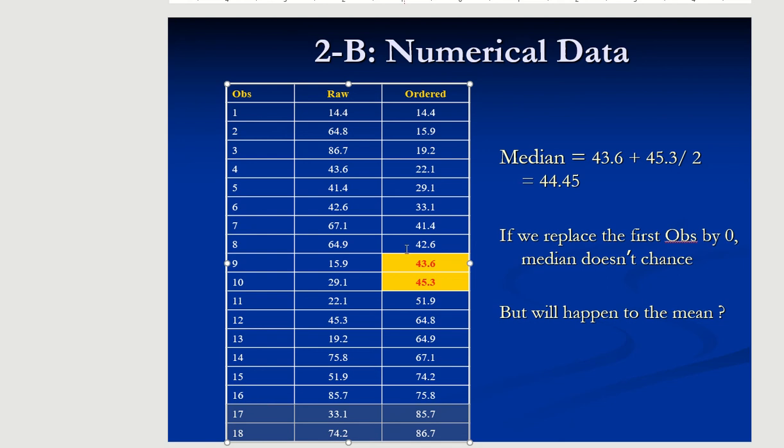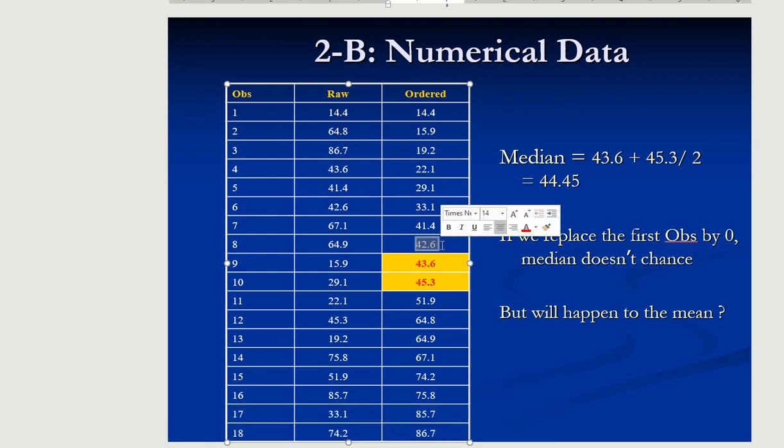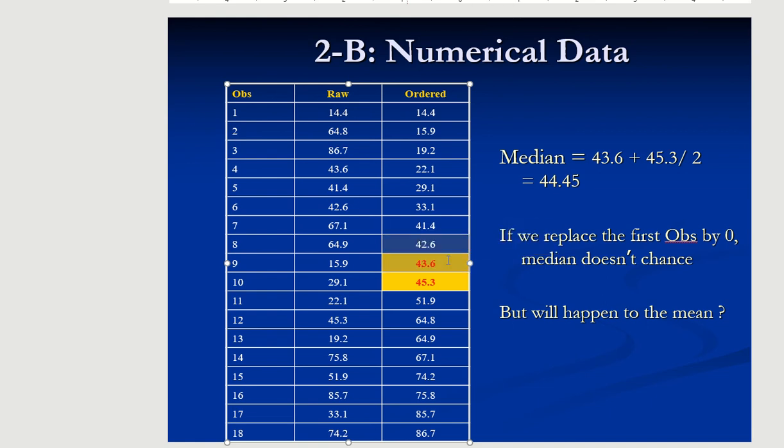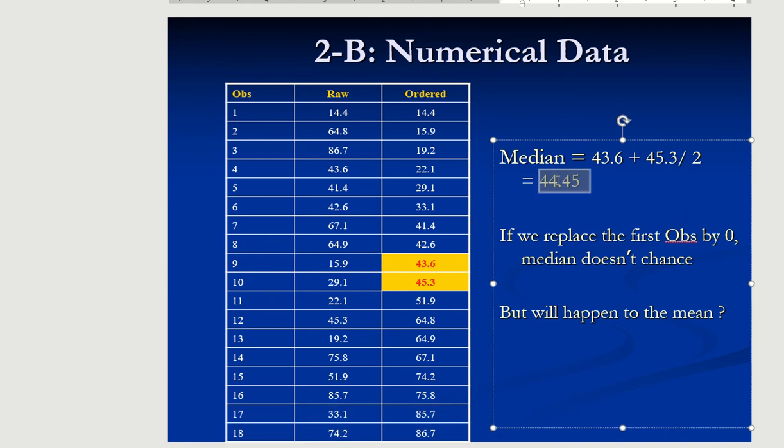So the 8th position is 42.6, the 9th position is 43.6. If you take the average of these two, it will be 43.1. So by deleting the largest two values, the median changed from 44.45 to 43.1.